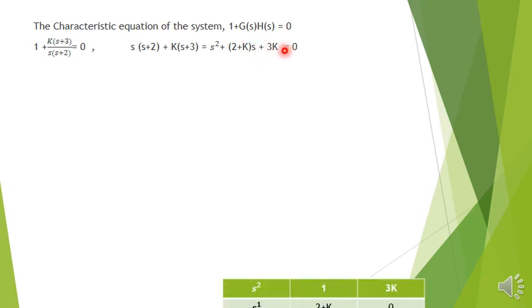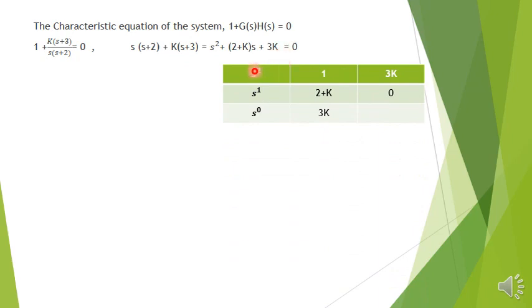If I write the Routh table for this, the s² coefficients are 1 and 3k, for s¹ it is 2+k and 0, and for s⁰ it is 3k. In this, all the elements of a row becoming 0 is possible either in this row or this one.